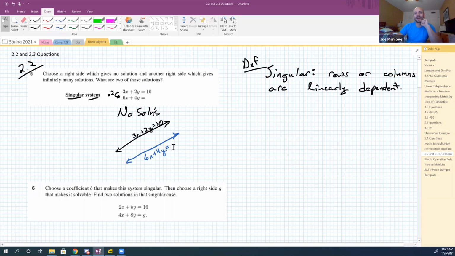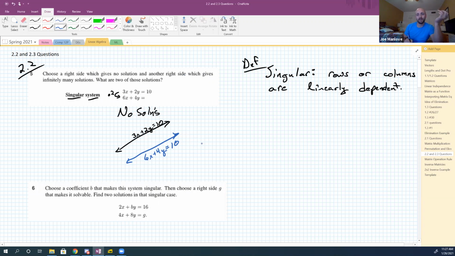You can multiply by anything else you want. I'm going to multiply it by 1. Now these are two distinctly different lines. Hence, there's no solution because they're parallel and different.